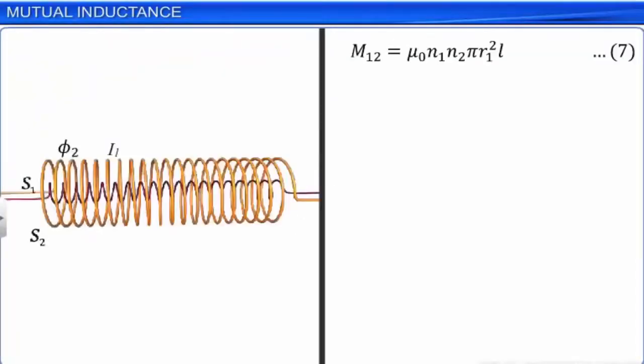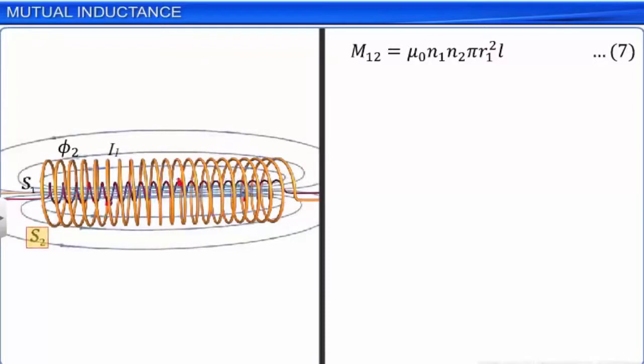Let us now consider the case in which current I1 is passed through the solenoid S1. This current produces magnetic flux, which is also linked with the solenoid S2. Let the magnetic flux per turn linked with solenoid S2 be phi 2.